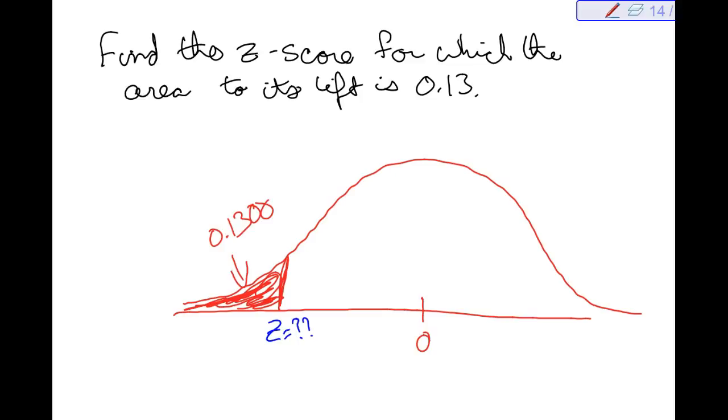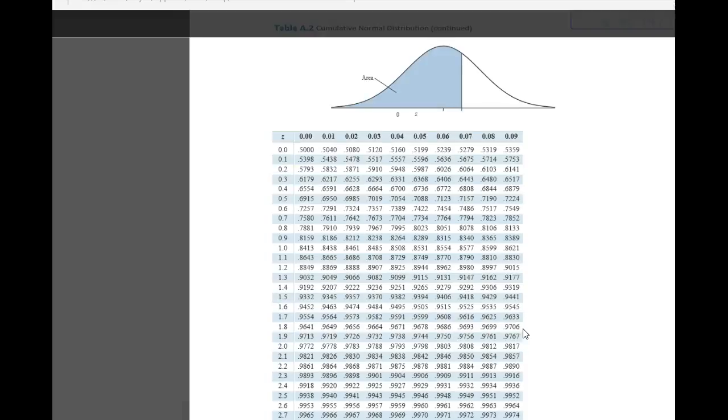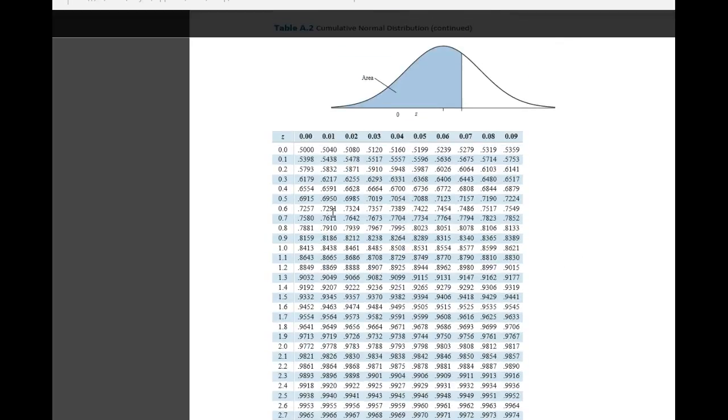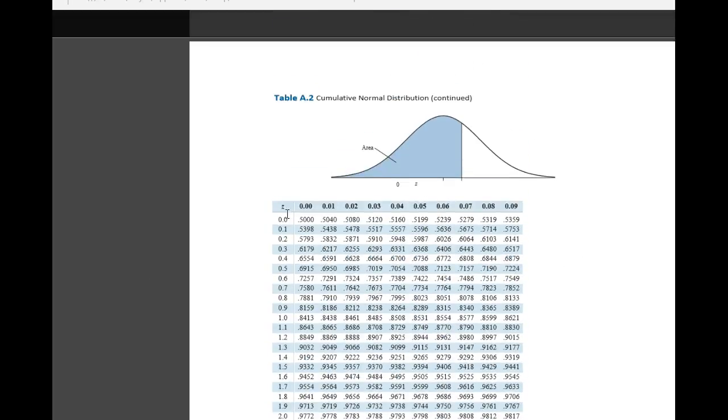So what we're going to do is we are going to look at the z-table, and we want to look up 0.13. Remember that area is the center of the table, okay? Well, these are the positive values of the z-score, which are 0.5 and above.